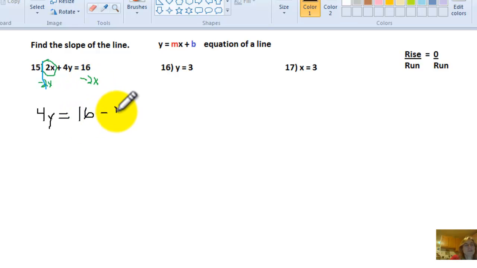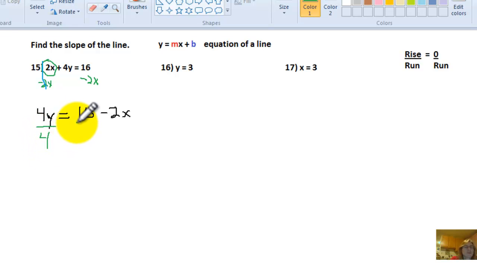We can't do any math other than just write down that we're subtracting 2x. Alright, so our next step is to divide by this 4, because we want the y to be alone. 4 is multiplied, so we do the opposite. So let's do this. We're going to divide each side by 4.